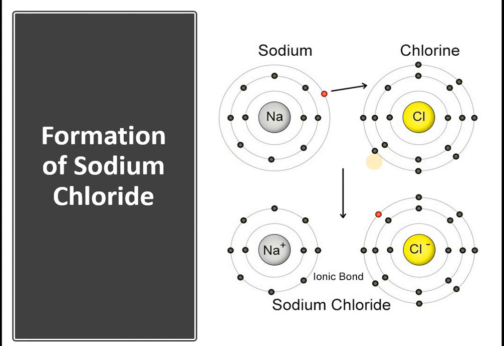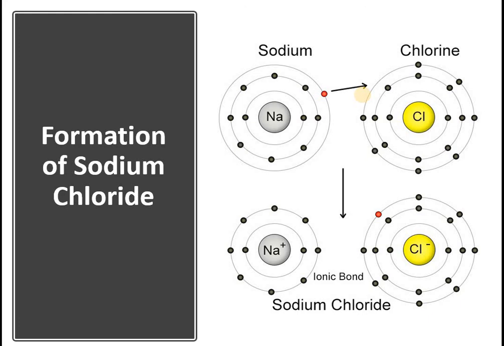So an atom of chlorine is electrically neutral as it contains 17 protons in its nucleus and 17 electrons revolving around it. But if it acquires 1 electron from the sodium, it has 18 electrons and 17 protons. So it is no longer electrically neutral.